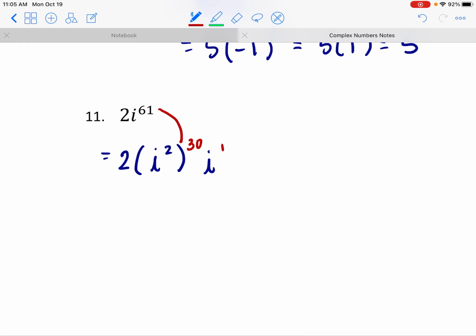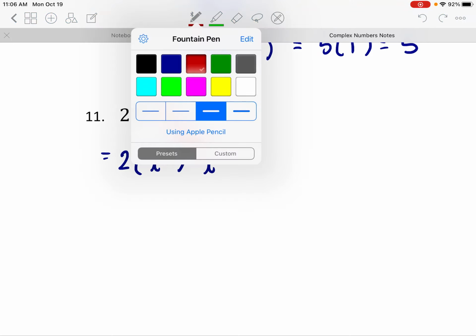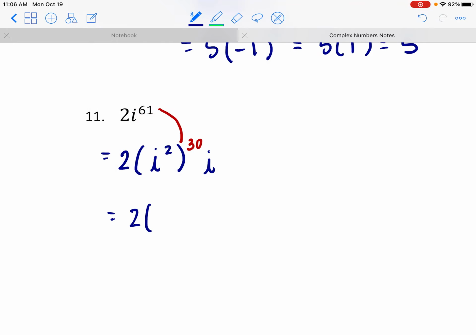There's 60 right here, plus the 1, which is the 61 altogether. So now I have 2, and then i squared gets replaced with negative 1 to the 30th power times i. Well, negative 1 to the 30th power, since that's an even number of negatives, it's going to be a positive 1. So this is 2 times positive 1 times i, which just makes it positive 2i.